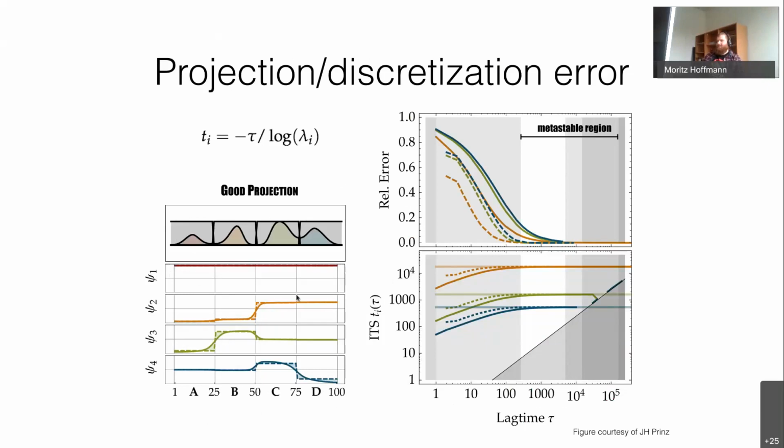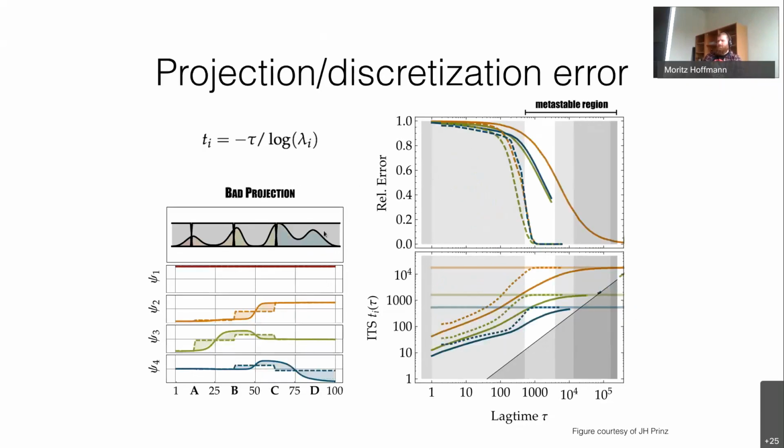The second one describes a transition between states A, B and C, D. And if we look at the relative error in the non-dotted line, then this is quite good, right? This is quite good compared to the dotted one, which would be the perfect discretization, if you want.